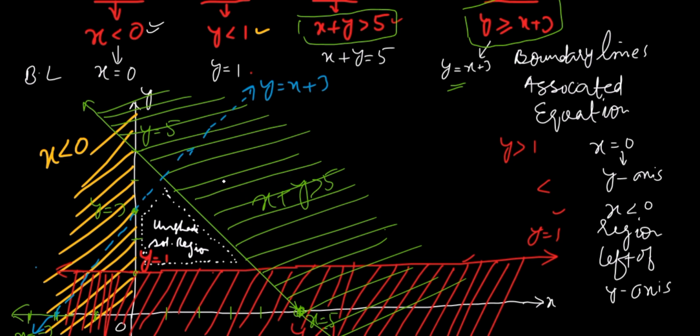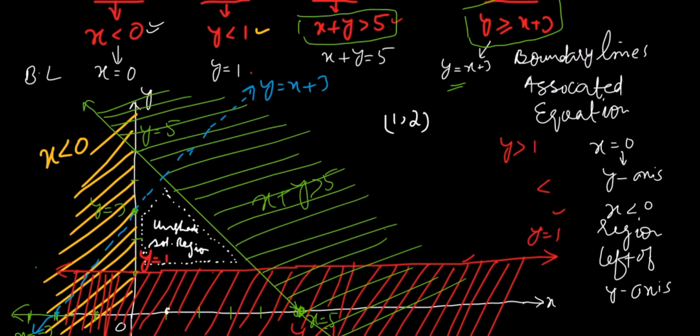You can check whether the unshaded solution region is a correct region or not by taking any point from this region. Suppose in this region x is equal to 1 and y is equal to 2 here. So one of the points that lies in this region is x is equal to 1 and y is equal to 2.